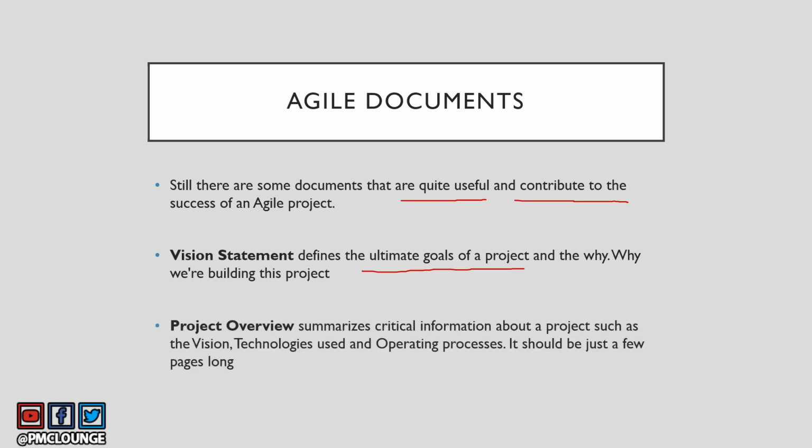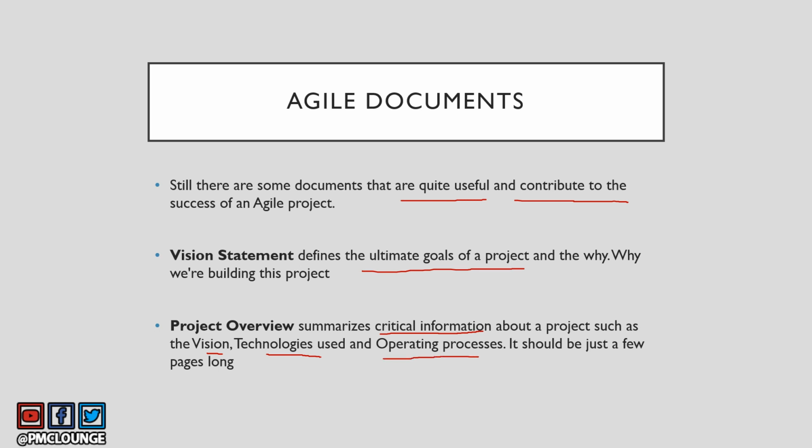Next is project overview, and this is going to summarize the critical information about a project. So just the critical information, not details again, right? Remember, comprehensive documentation is not what you are after. So critical information is summarized about the project, and this can include your vision, what kind of technologies you're going to use, and what operating processes you're going to use.